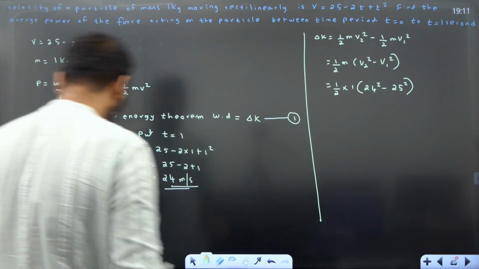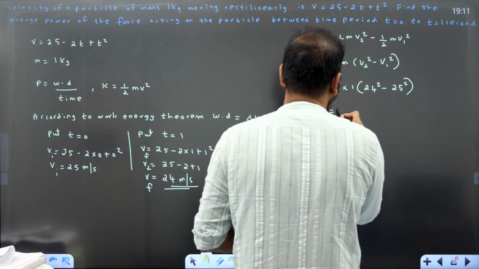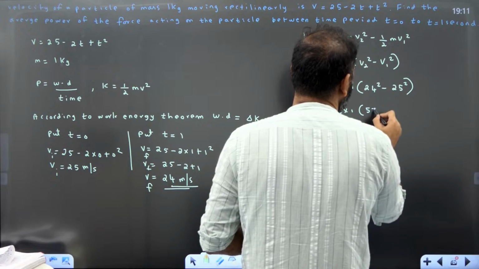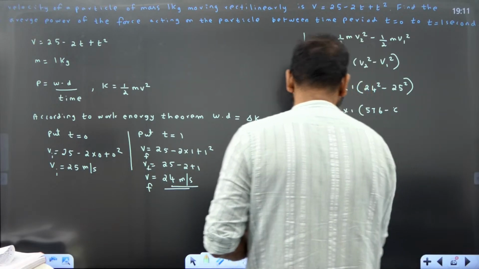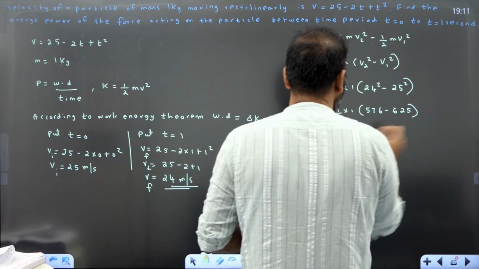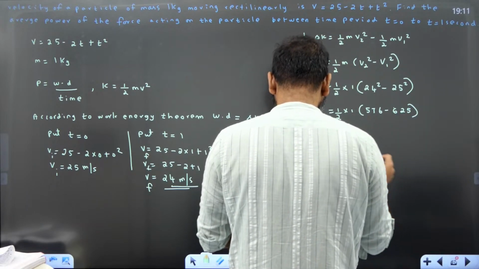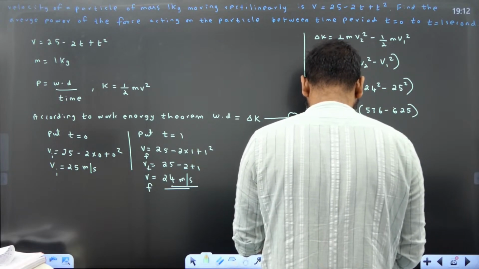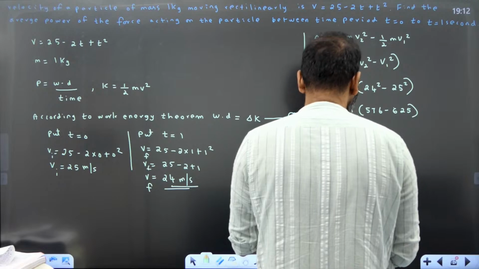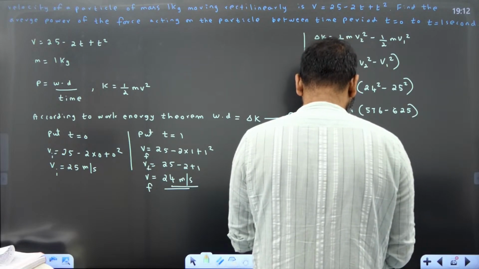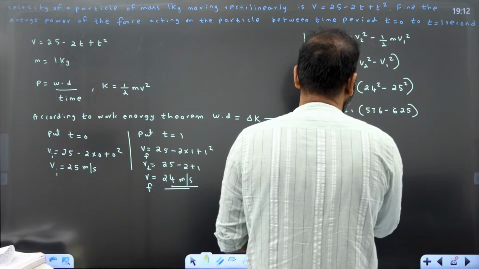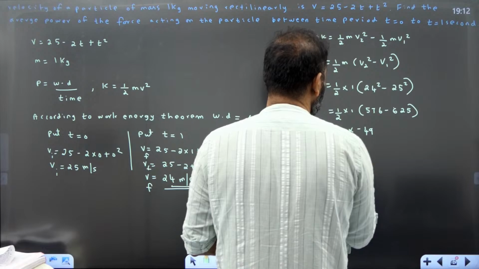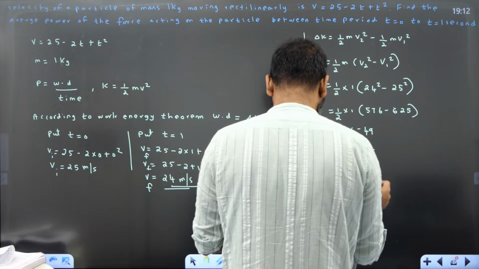So, by solving, 24 square is 576. 25 square is 625. So half into 576 minus 625. 576 minus 625 is equal to minus 49. Half into minus 49 is minus 24.5.